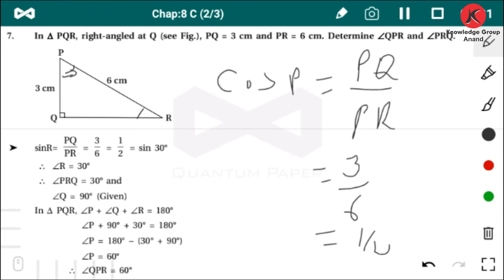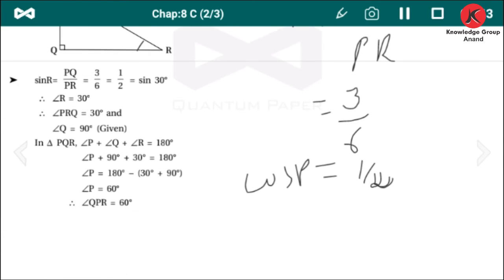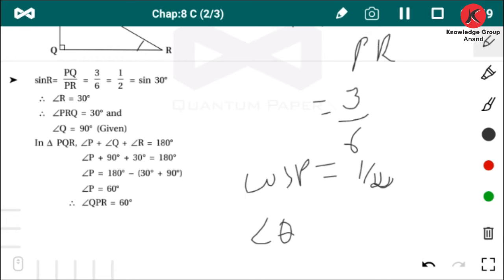For what angle is cos equal to 1/2? Cos 60. Therefore, angle QPR is equal to 60 degrees.